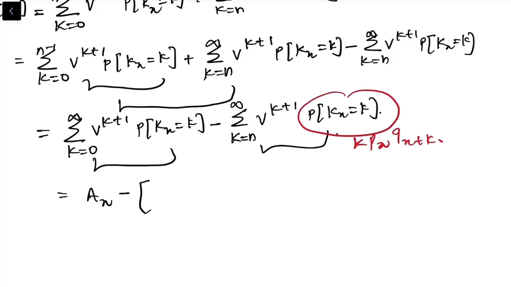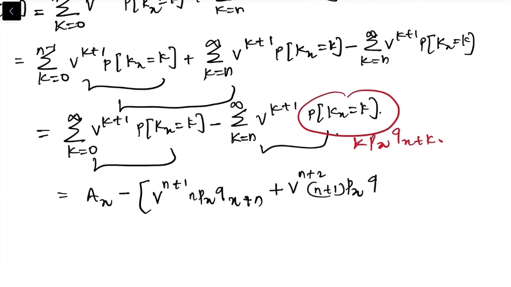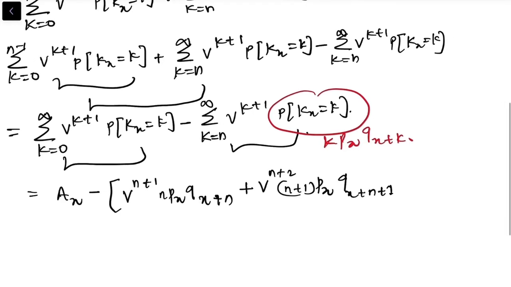All right, now if you put k equals n, this is v^(n+1) npx q_(x+n), right, plus v^(n+2) n+1px q_(x+n+1), and so on.